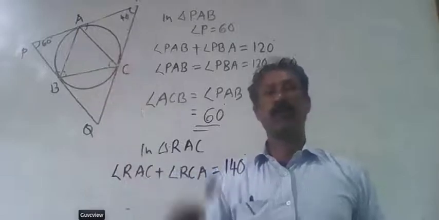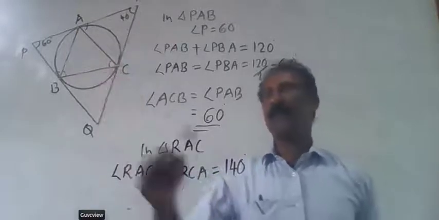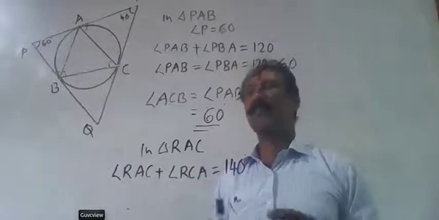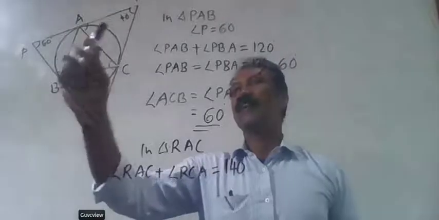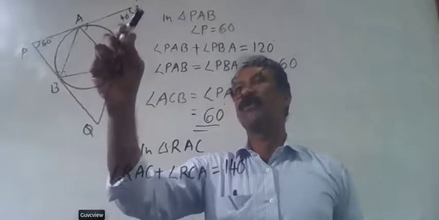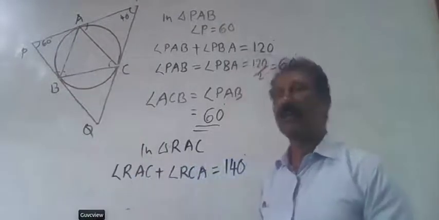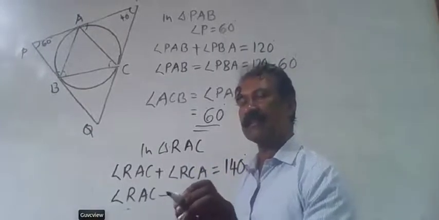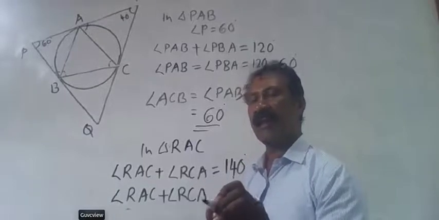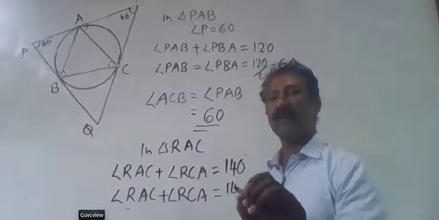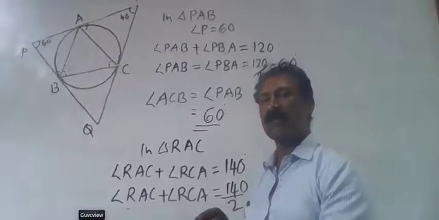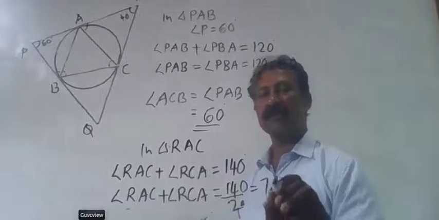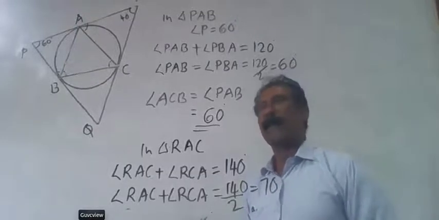In the triangle RAC, angle R equals 40 degrees. Therefore, the sum of these two remaining angles is equal to 140 degrees. Clear? But these two angles are equal. RAC equals RCA. Therefore, angle RAC equals angle RCA equals 140 divided by 2, which is 70 degrees.